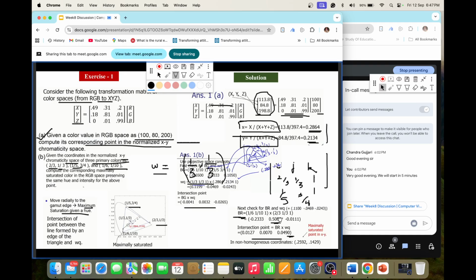Similarly, BG with WQ, we are getting negative, so this is a false intersection. But whenever we are dealing with RG cross WQ, we are getting a positive answer.